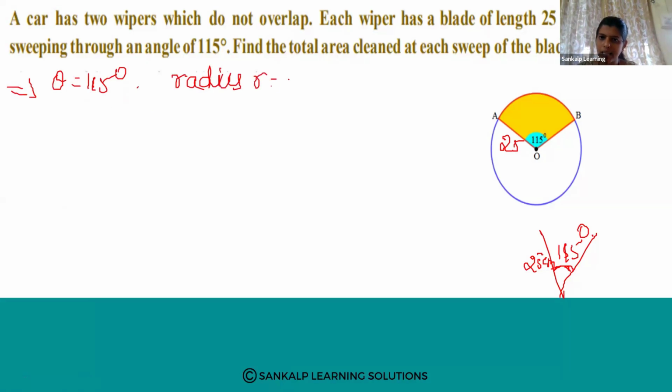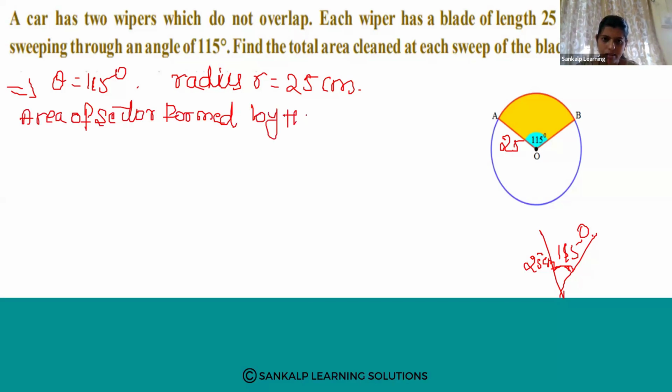So radius r is 25 centimeter. Therefore area of the sector formed by the wiper is, we know the value of theta and also we know radius r. Then you can easily find the area of the sector: theta divided by 360 into pi r square.